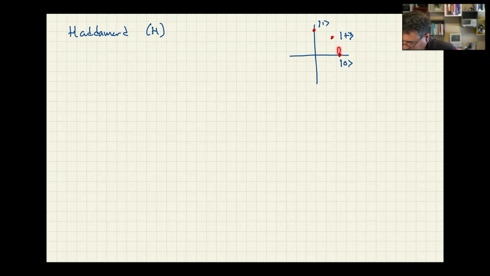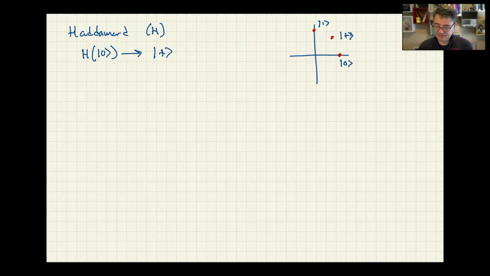That's what the H operation does. It takes a qubit that's here and moves it here. So if I take the 0 qubit and apply the H operation, I should get the plus qubit out of that.